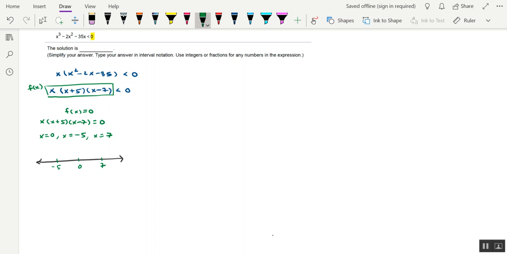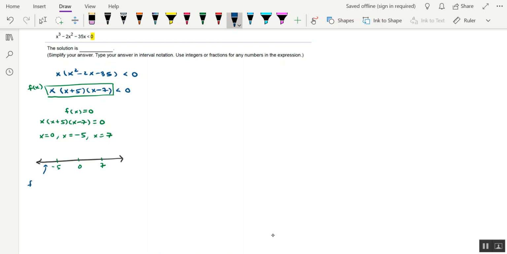The method that we'll use here is the method of test points. So basically you choose a random value on one of these 4 segments, plug it into your function, and then determine whether or not the end result is a positive or a negative number. So for instance, we could select the number negative 6 since it's less than negative 5, and I'm going in order from left to right here, as you can probably tell.